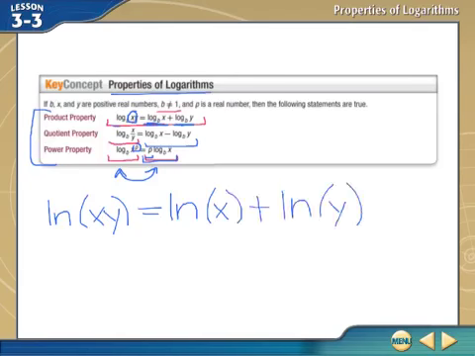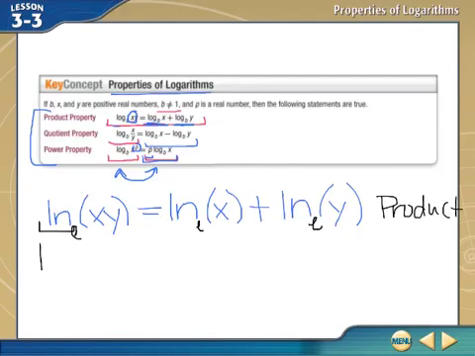And I don't need a base here because natural logarithms are always base e. So if you want to write in the little base e here, you can. But you don't have to. It's assumed that when you see a natural log, or ln, that it is always base e. So that's what the product property would look like using natural logs.